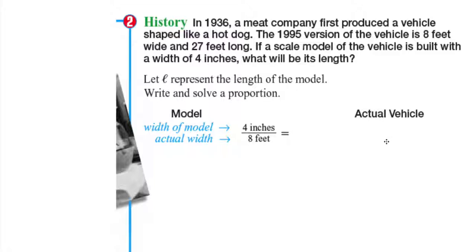We also know that the actual length of the vehicle is 27 feet, and the length of the model is L inches. So the left side of the proportion indicates our model, and the right side indicates the actual vehicle.